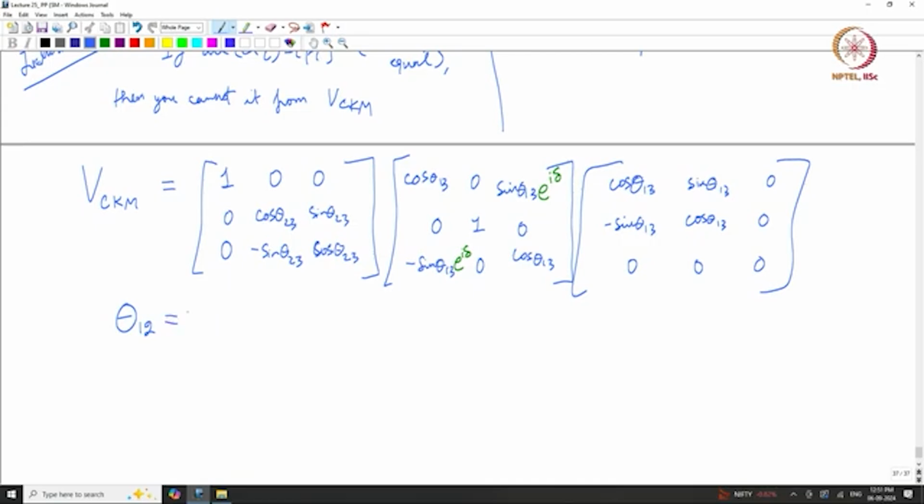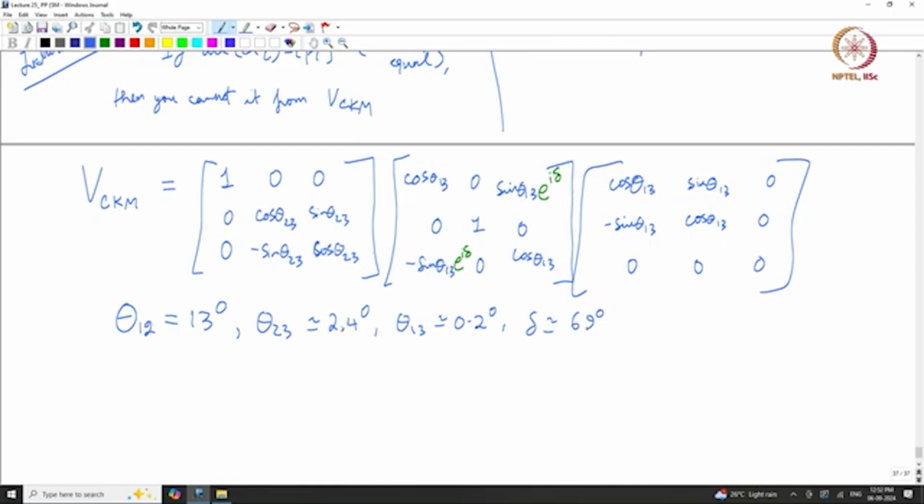So, theta 1 2 turns out to be 13 degrees. Theta 2 3 turns out to be around 2.4 degrees. Theta 1 3 turns out to be around 0.2 degrees, and delta is around 69 degrees.